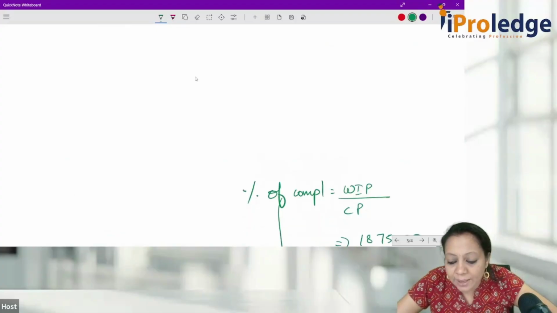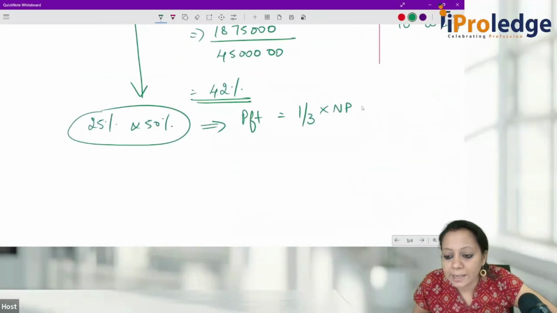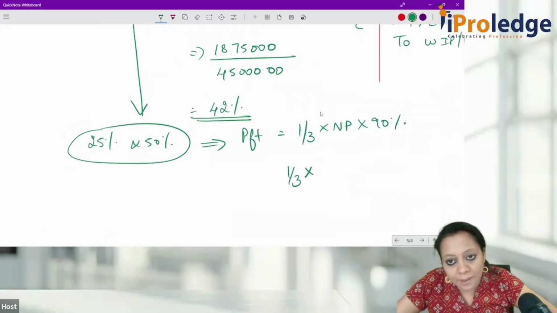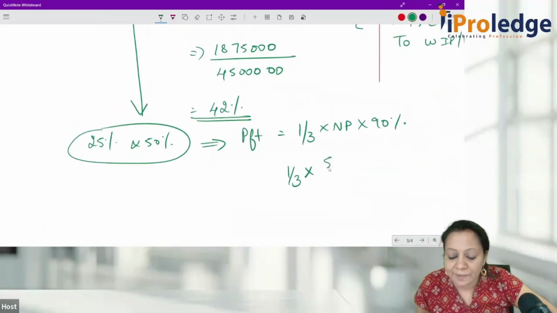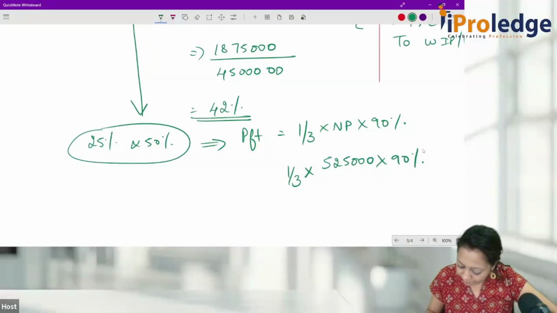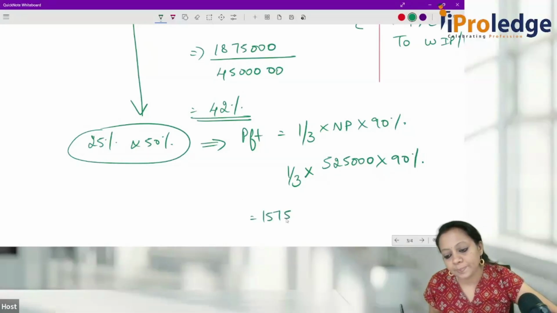In some places we have to calculate, in some places it is given. So 1 by 3 into notional profit of 5 lakh 25,000 into 90 percent. Are we getting 1 lakh 57,500? Right.